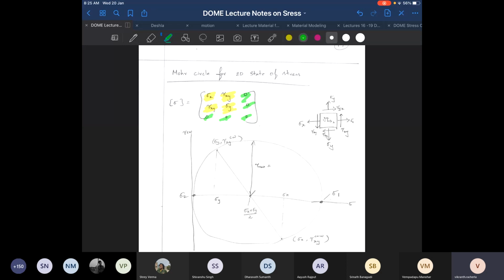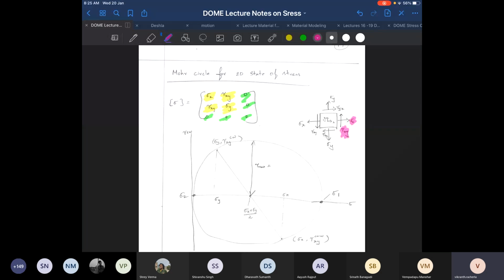So you have sigma x, sigma y, tau xy, which means that if I take a small cuboidal element which is aligned with xyz axis, and if I draw the stresses acting on each of the faces, so what do I have? So sigma x is the normal stress along the x-axis on the plane with normal along x-axis.